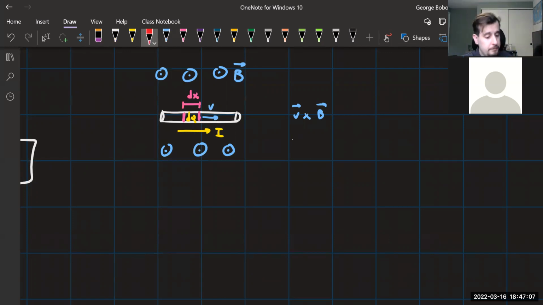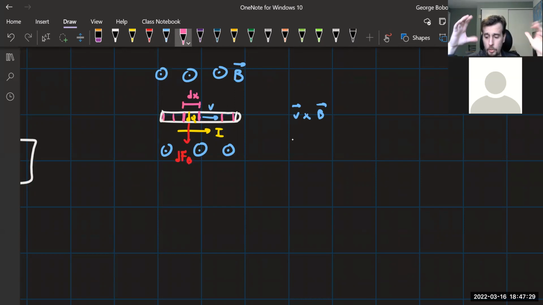Okay. So this force, of course, is going to be an infinitesimal. Why? Because we need to sum together to find the force on the entire wire. We need to sum together the forces that are going to be acting on all of these dqs, right?